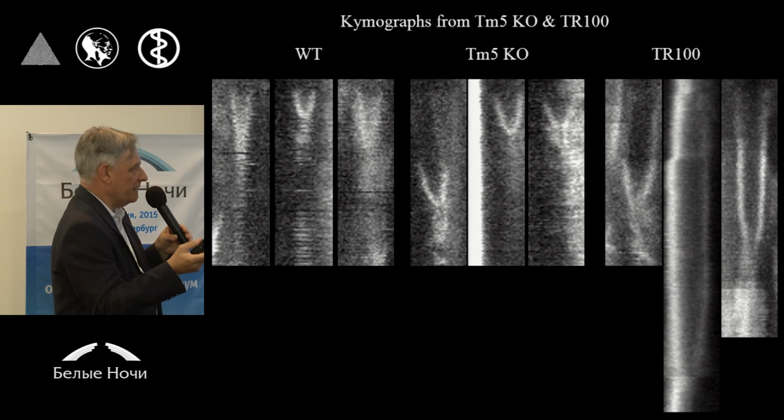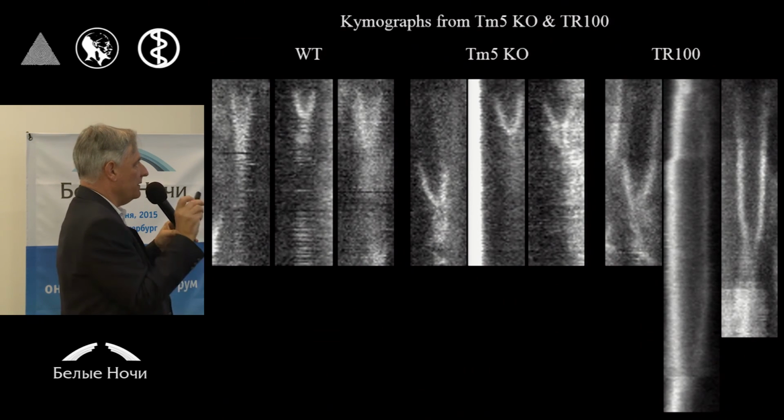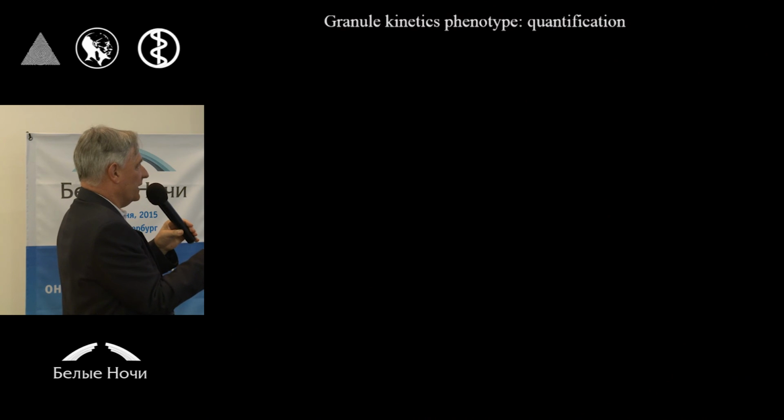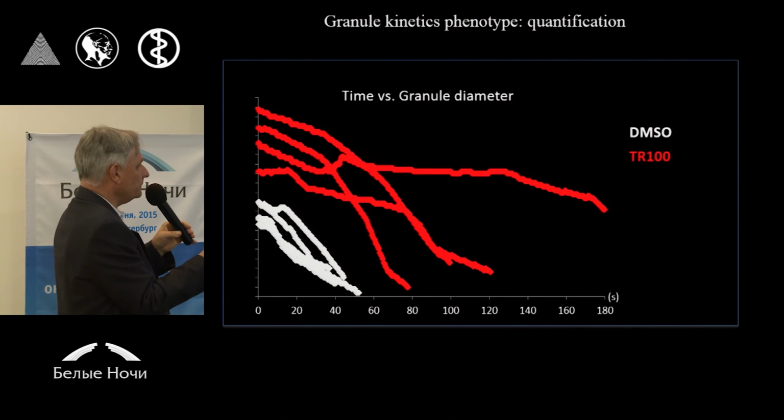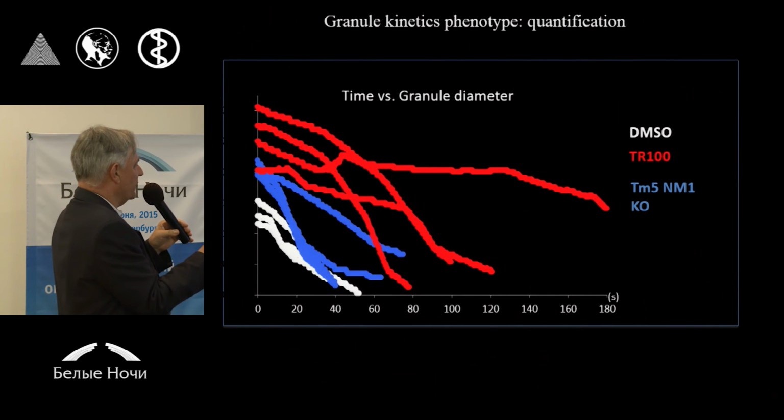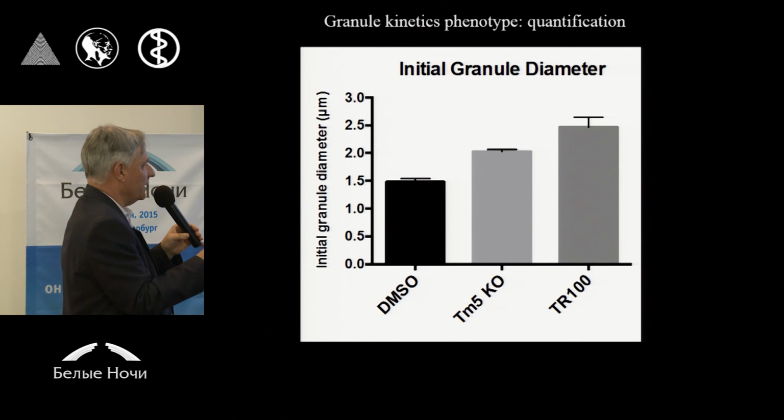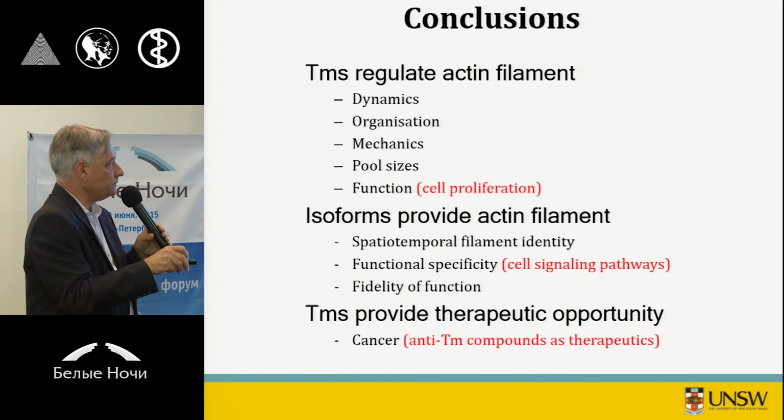So what this is allowing us to do is now measure the impact of the drug on the actin cytoskeleton as the cell is fusing these granules and releasing their contents. You can measure this with time, and what you see is that the knockout is intermediate between the impact of the drug and what you see with wild type cells. And this is just quantified here.